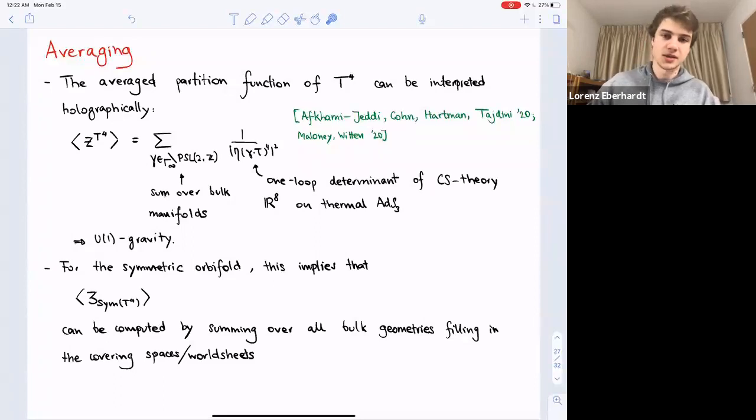And yeah, this is not really Chern-Simons theory, because in Chern-Simons theory, there's nothing that tells us that we should sum over some geometries. So instead, I will call this theory U(1) gravity. I think it's still not settled whether this is actually a theory or not, but it's at least some toy model that we can use.